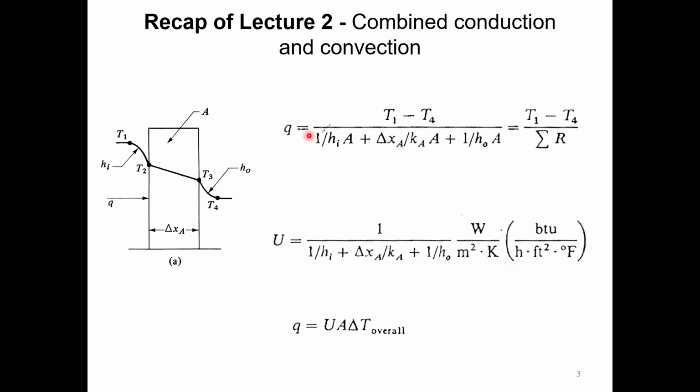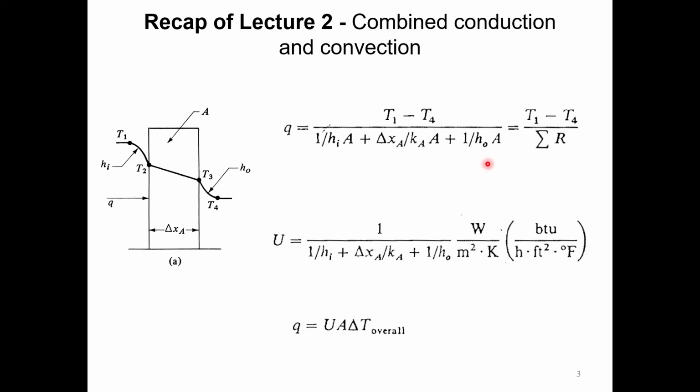Just to refresh, 1 by hA is the resistance when heat transfer happens via convection, and delta x by k is the resistance when heat transfer happens via conduction. So you have a summation of all these resistances when heat transfer happens in series.